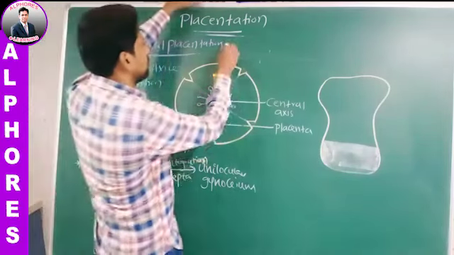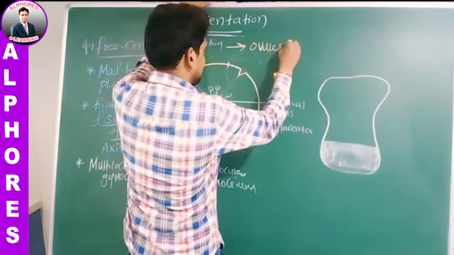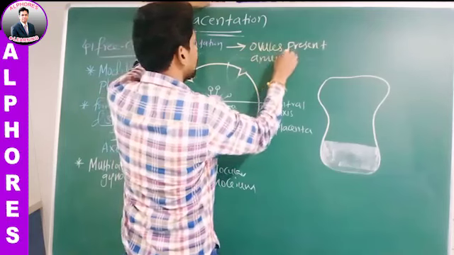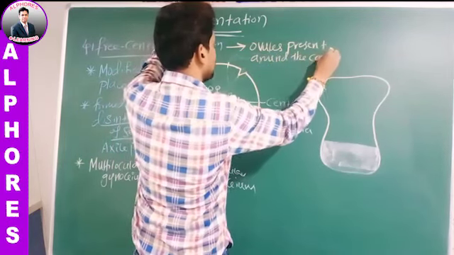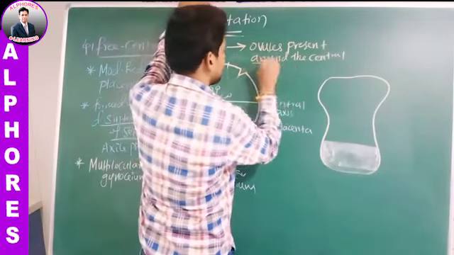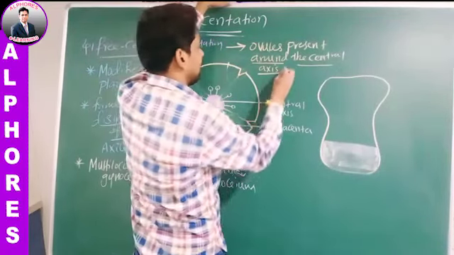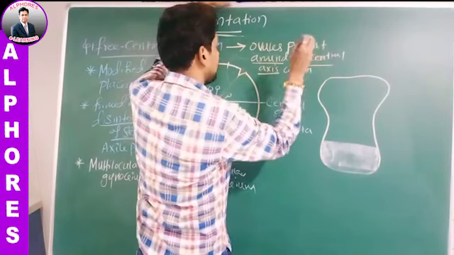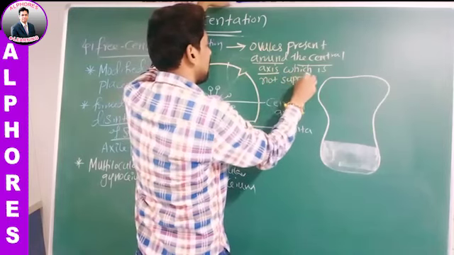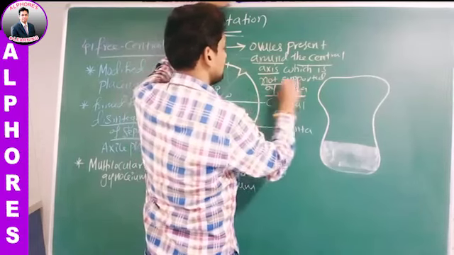Therefore, in free central placentation, ovules are present around the central axis, which is not supported by septa, because the septa have already disintegrated.